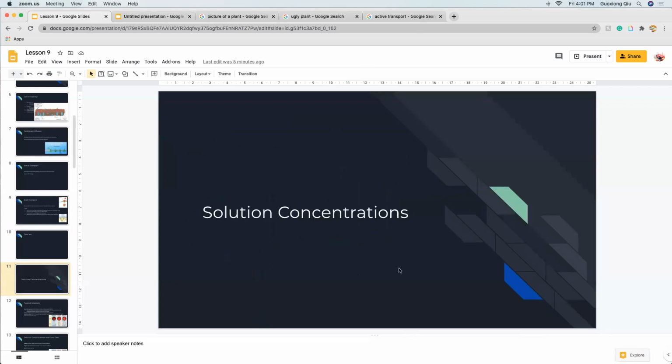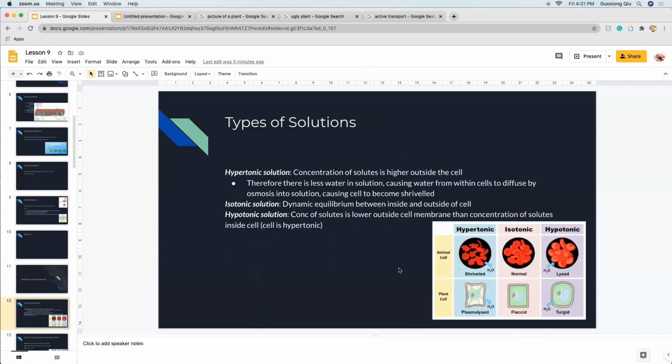Next up, solution concentrations. So there are 3 types of solutions you will hear about: a hypertonic solution, an isotonic solution, and a hypotonic solution. In a hypertonic solution, there's a higher concentration of solutes or solids outside of the cell.